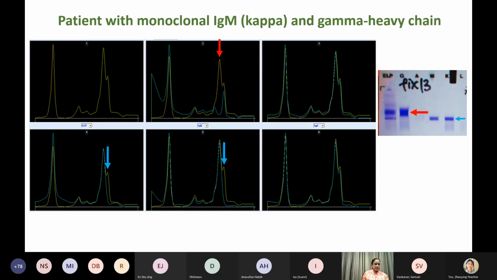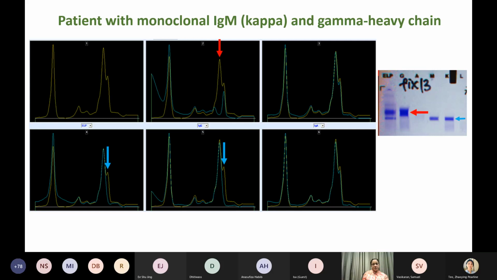This is another patient, an 81-year-old male, known patient with Waldenstrom macroglobulinemia. You can see a clear M kappa band, and also a broad G band without any light chain reactivity. We did the immunosubtraction, and you can see the same thing.